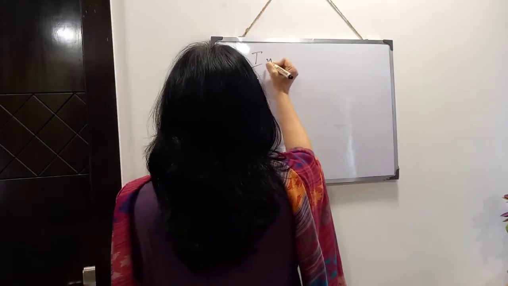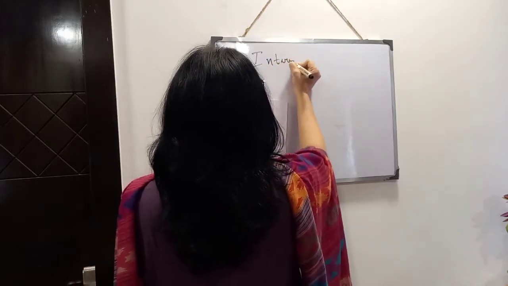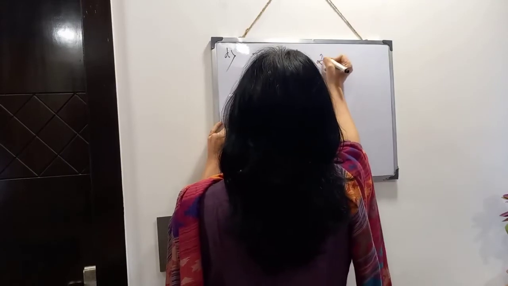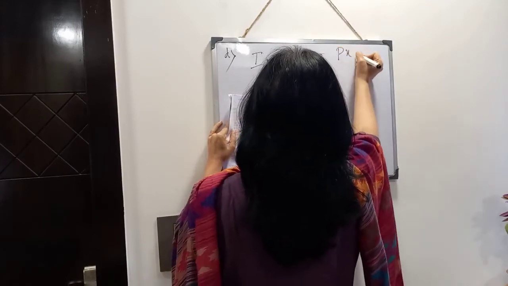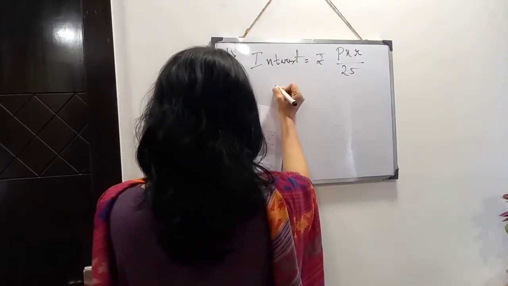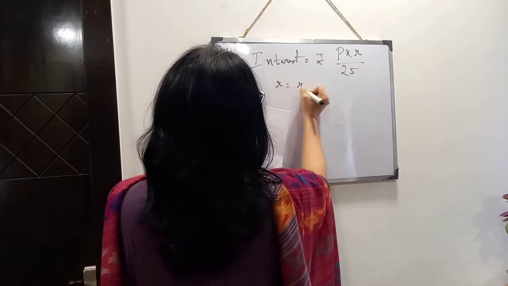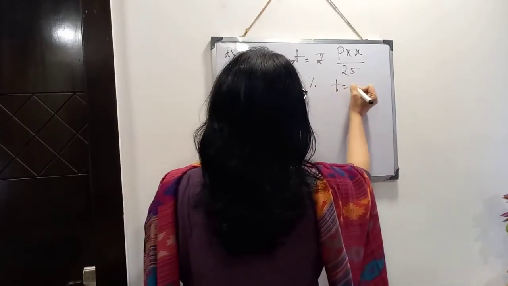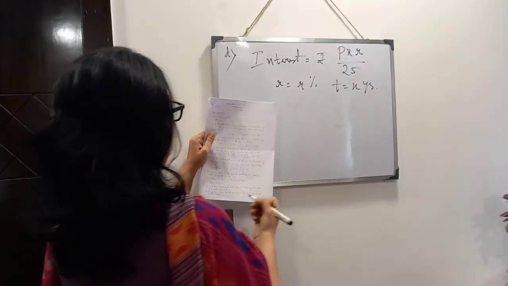Writing interest equals rupees PXR by 25, and rate given r%, and time period given x years. Clear? Then the principal will be this.